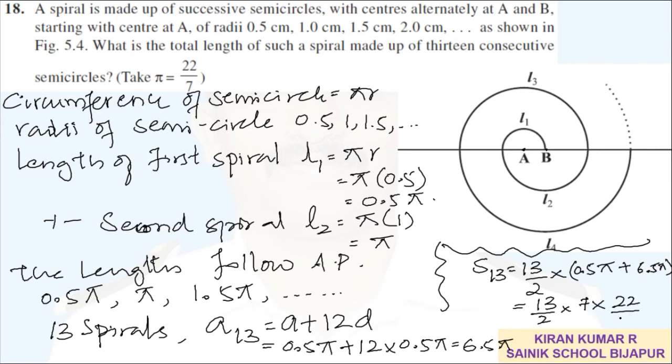Pi value is 22 by 7. So I will cancel out this 7. I'll be getting the result as 11 times 13, which is 143 centimeter. So the length is 143 centimeter for 13 such semicircles.